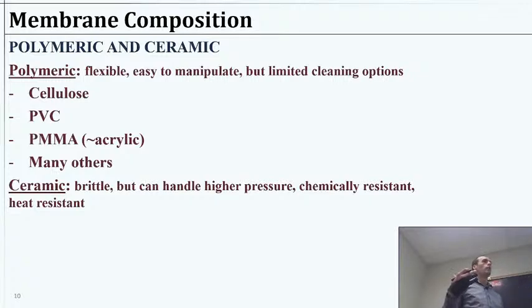Maybe they are more or less hydrophobic, so they will do a better job handling certain types of particles given the surface chemistry on there. A lot of people have looked into, can we prevent them from fouling? Can we prevent them from allowing bacteria to grow on the surface and start munching on all the junk that we're filtering?